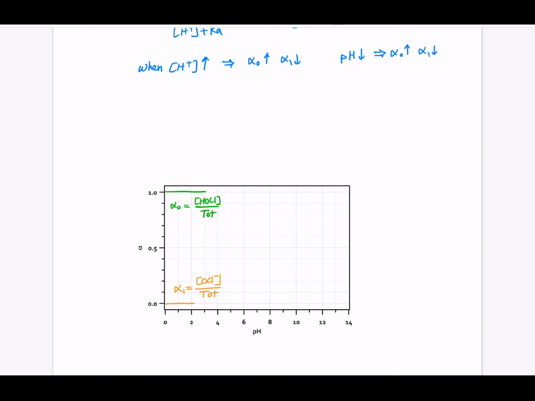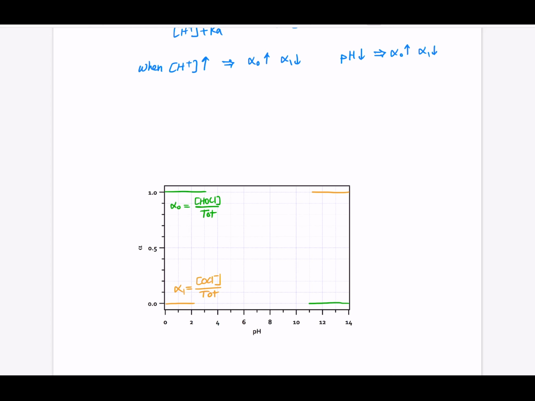And vice versa, at a high pH, alpha 0 is equal to 0, and alpha 1 is equal to 1. So it seems alpha 0 is going down, alpha 1 is going up, right?